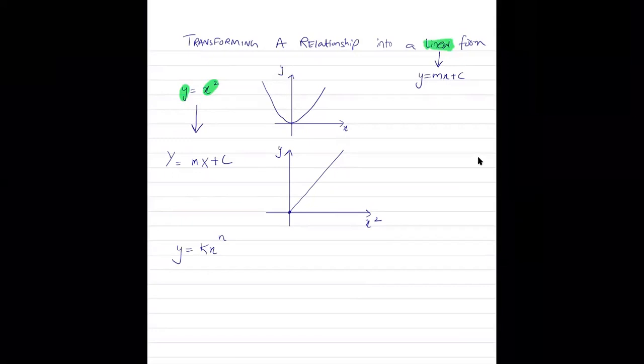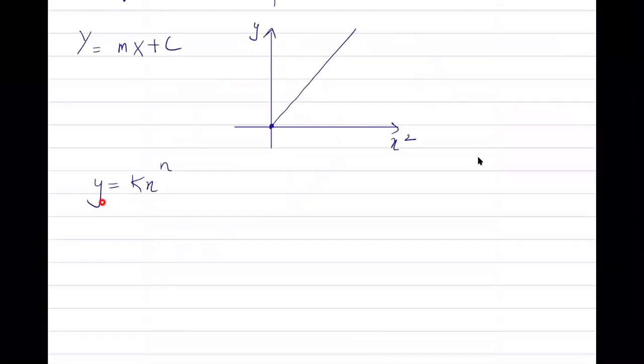So if I know that there is a relationship y equals to kx to the power of n, obviously this one is a non-linear equation, and I need to linearize it. The first step that I will have to do is to apply logs on both sides.